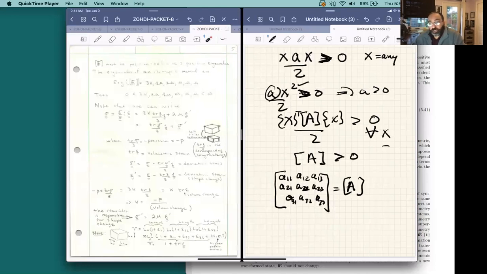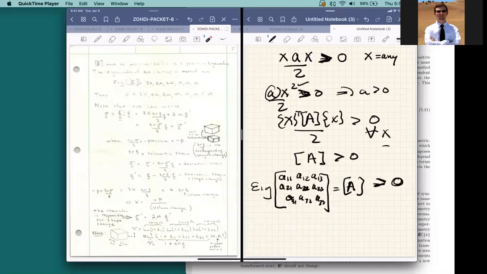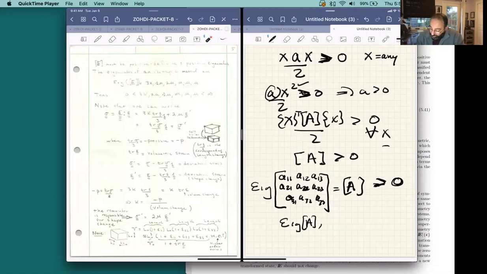Well, when a matrix is positive definite, that means that the eigenvalues of A are all bigger than 0, right? So if I take the eigenvalues of the matrix A, let's call them lambda 1, lambda 2, lambda 3, they are all bigger than 0.